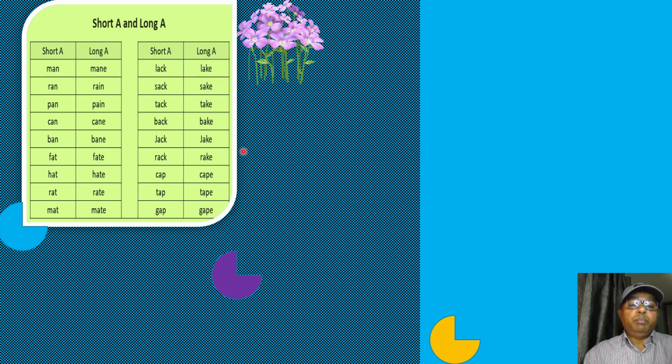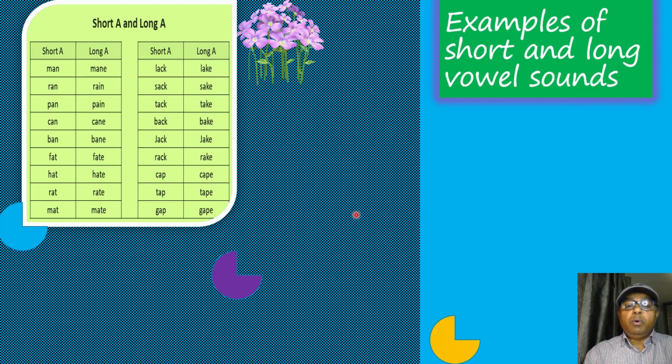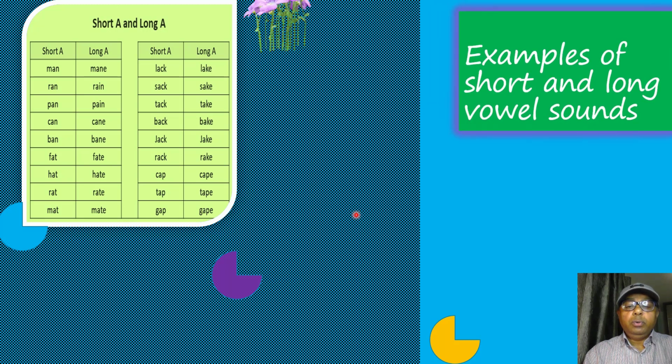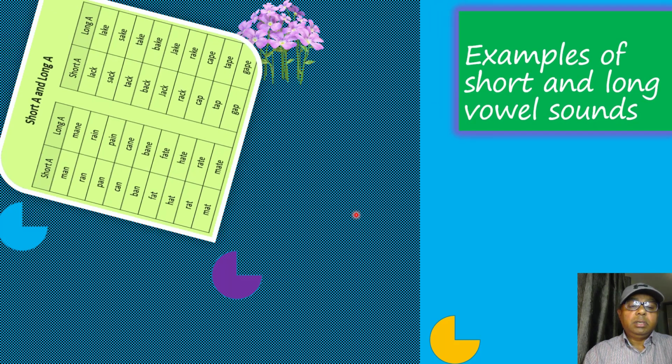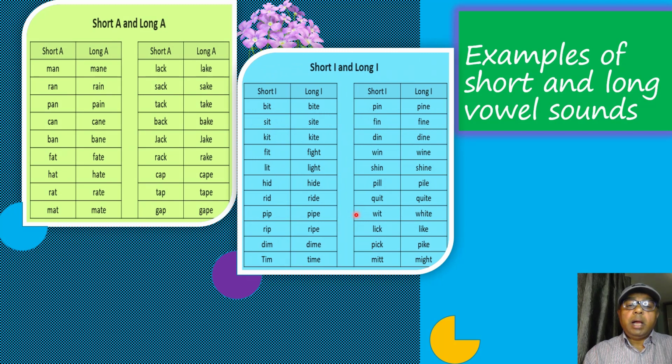And there are some more examples here. For example, we normally say lack, there is only one vowel, and here two vowels, the E at the end, so we say lake is a longer sound. Short sound, long sound. And then there are some more here I'm going to show you, which is short I sound and long I sound, like bit, byte.